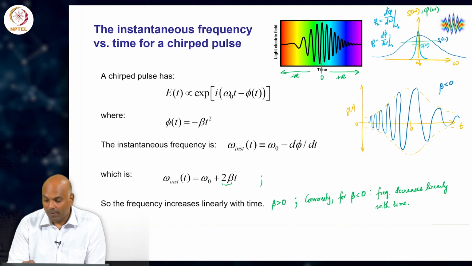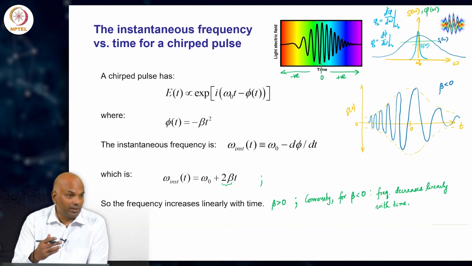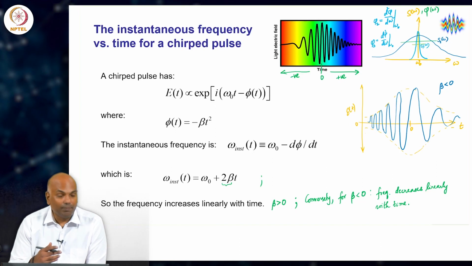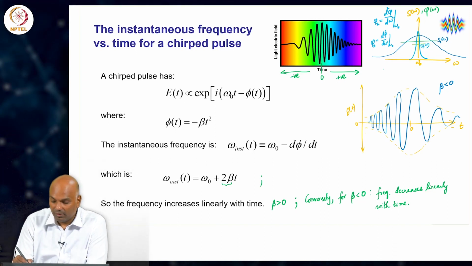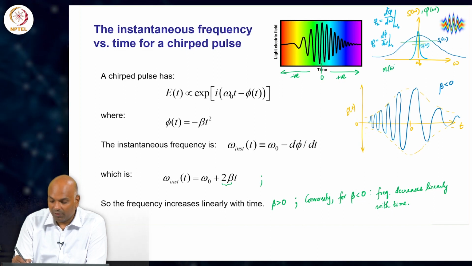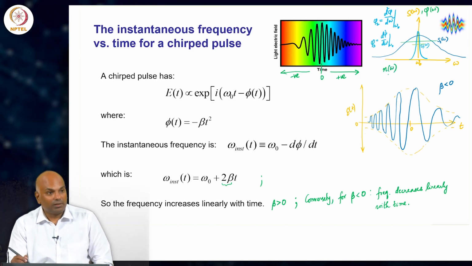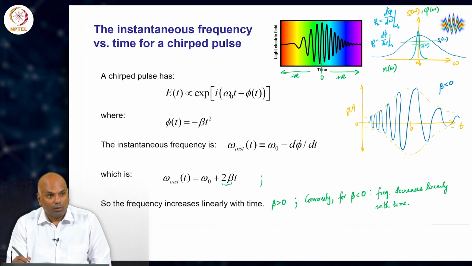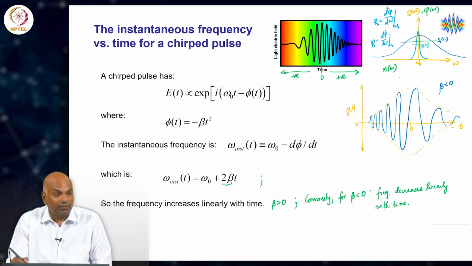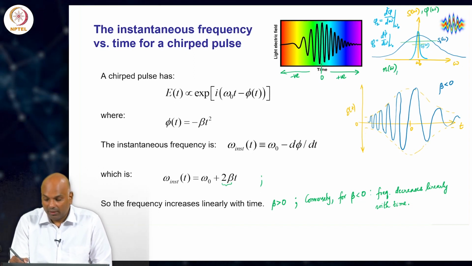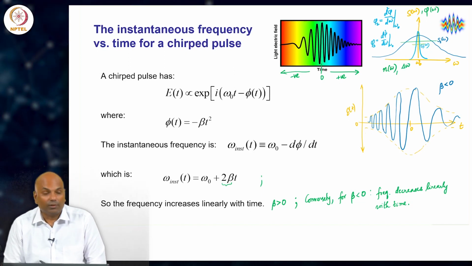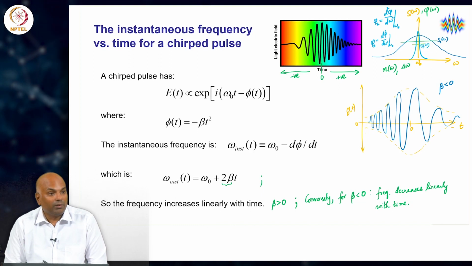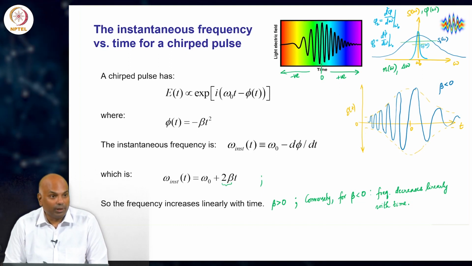But then as the pulse propagates, say, in air or through a medium, there is the impact of the variation of refractive index with frequency over the entire bandwidth of the pulse. I can define a bandwidth, a full width at half maximum of the spectral phase function. Okay, I can define this to be a delta omega.